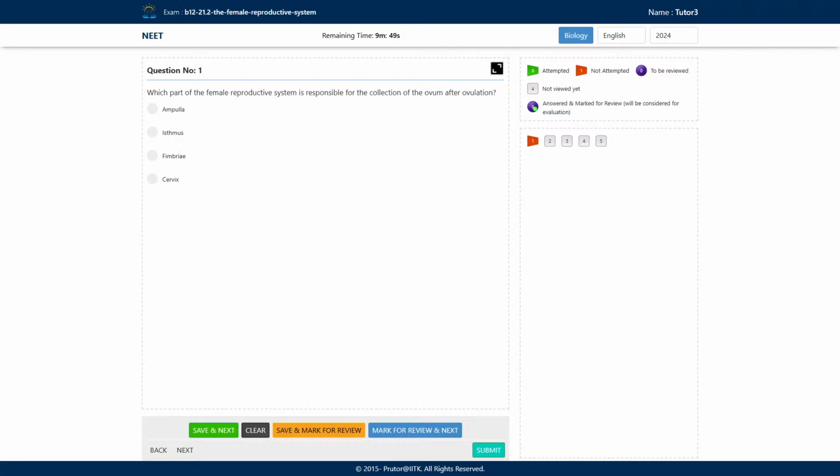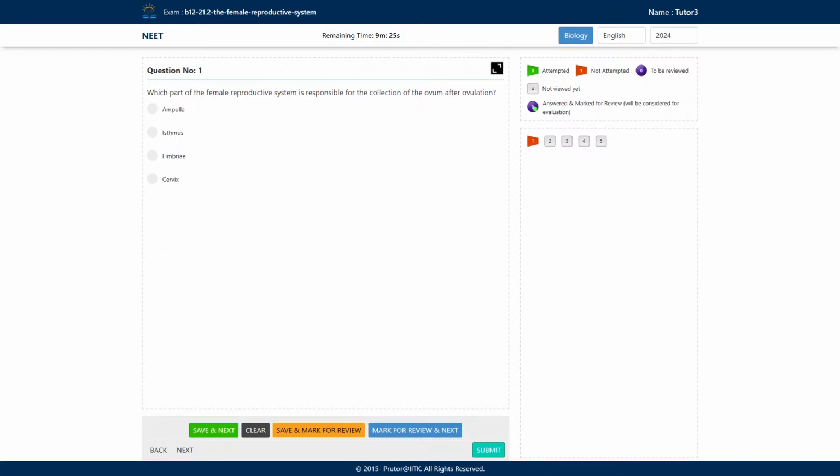Which part of the female reproductive system is responsible for the collection of the ovum after ovulation? What will be the correct answer here? So they are asking about a part of the female reproductive system which is involved in the collection of the egg after ovulation.